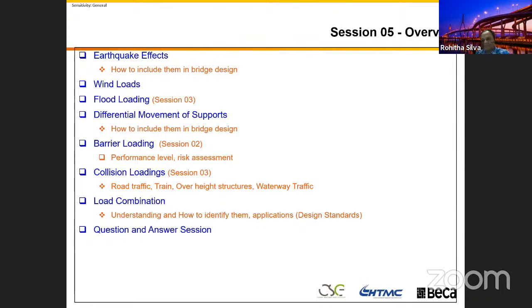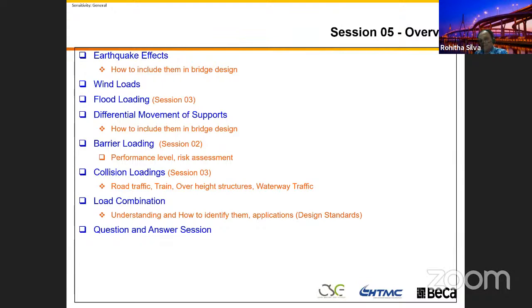For this whole session, most of the discussion is focused on AS 5100, the Australian Design Standard for Bridge Design.